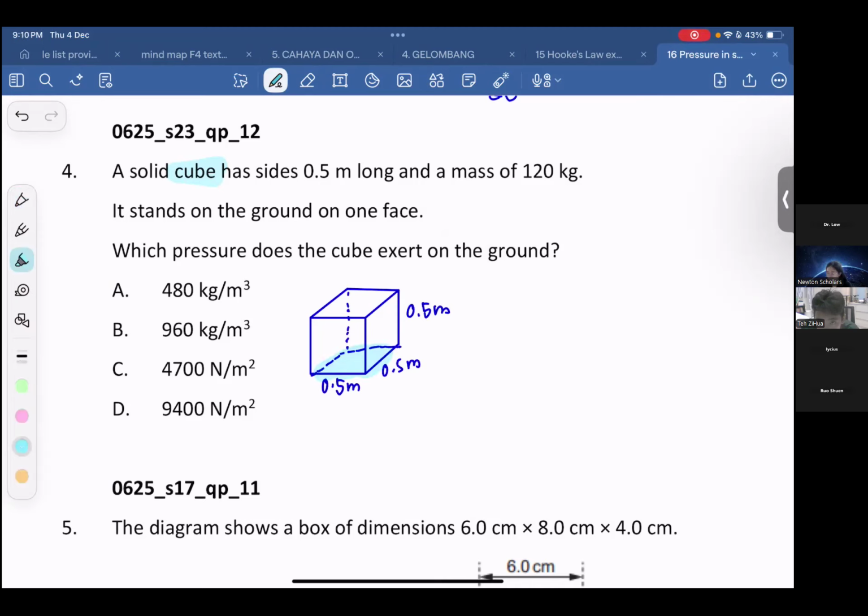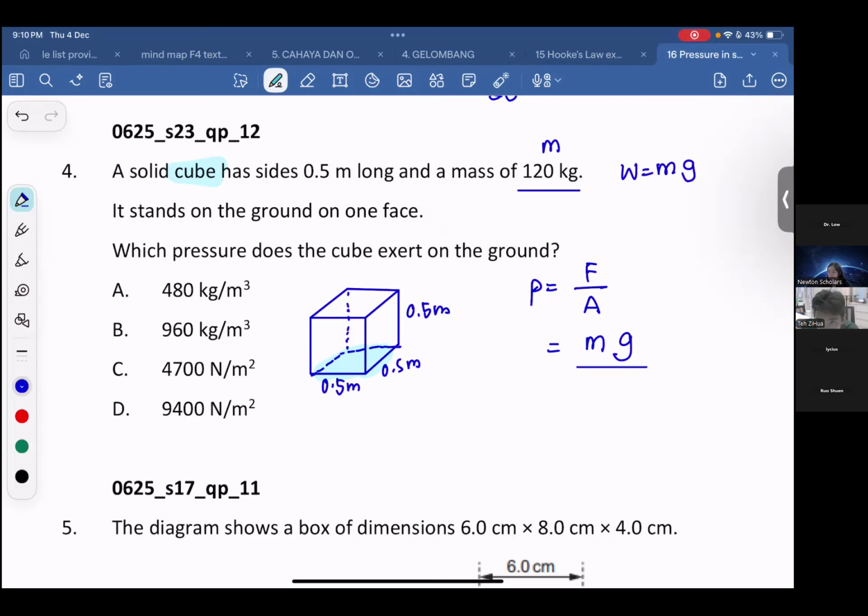Pressure equals force divided by area. Can you see that? This is what I told you. They give you mass. They are not giving you force. So how do I know what is the force due to the load here? Please remember to change to mg, because W equals mg.